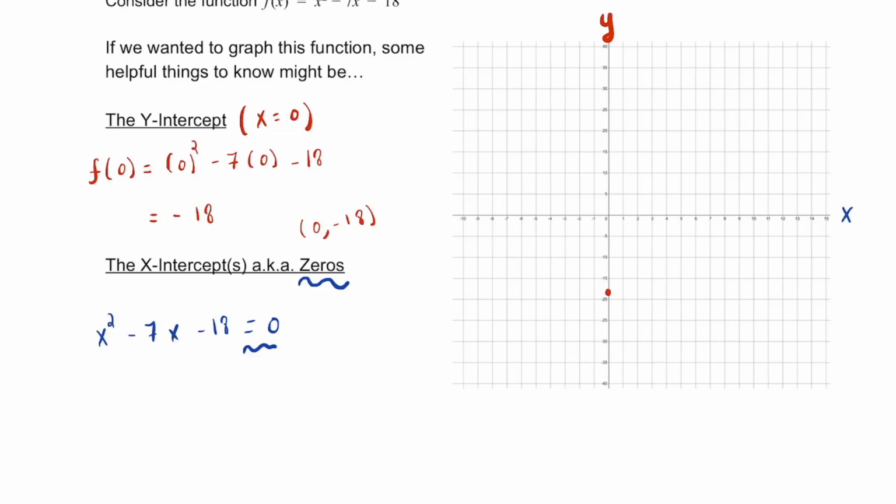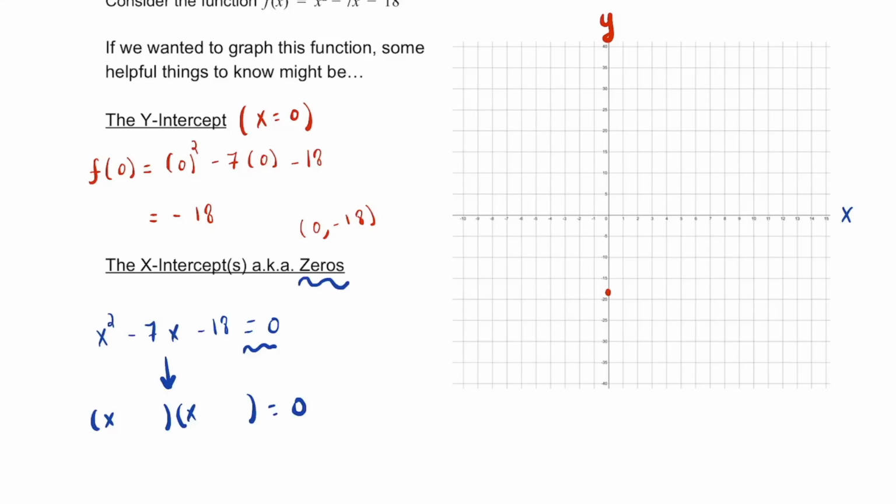I'll quickly talk through it in my head right now. I'm going to split this up into two parentheses because this is a form that I've seen a bunch of times. I know this is going to have x and x to start.